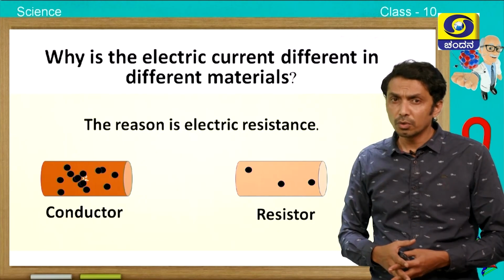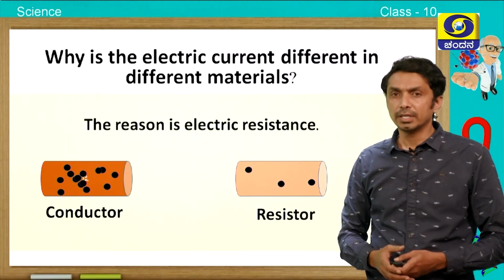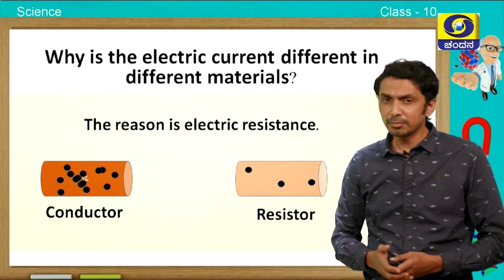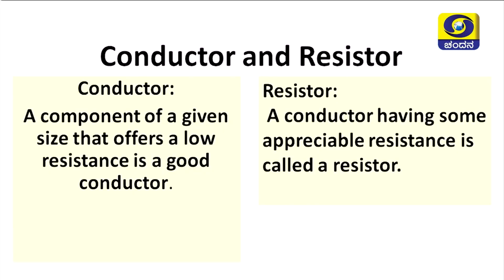Can you define what is a conductor and what is a resistor? Yes children, you are right. Come, let us see how we can define a conductor and a resistor. The conductor is a component of a given size that offers a low resistance, and is called a good conductor, whereas a resistor is a conductor having some appreciable resistance, that is why we call it a resistor.